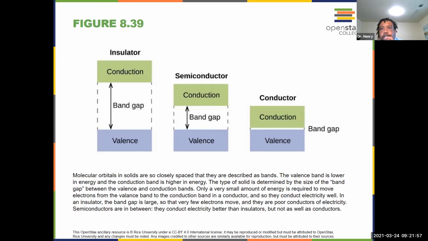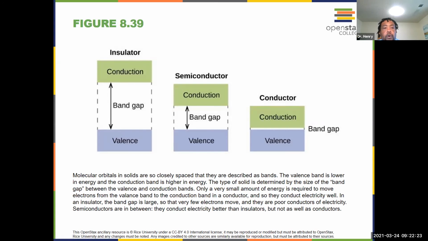An insulator basically has what we call our valence band, we have our band gap, and then we have our conduction band. In terms of energy, our valence band is going to be lower in energy than our conduction band.